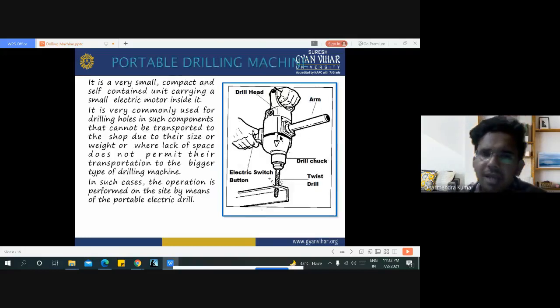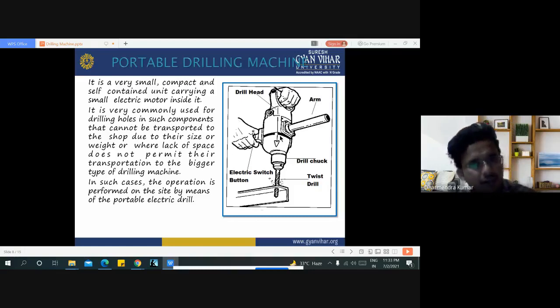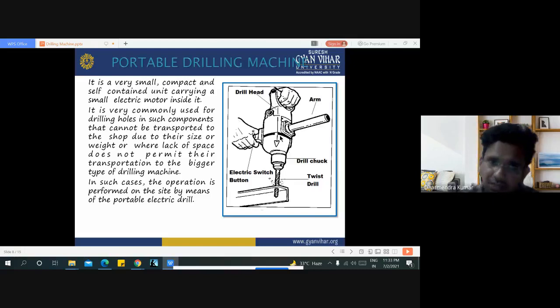Now here is another type of drilling machine, the portable drilling machine, which we generally use for household purposes. It is a very small, compact, and self-contained unit carrying a small electric motor inside it.